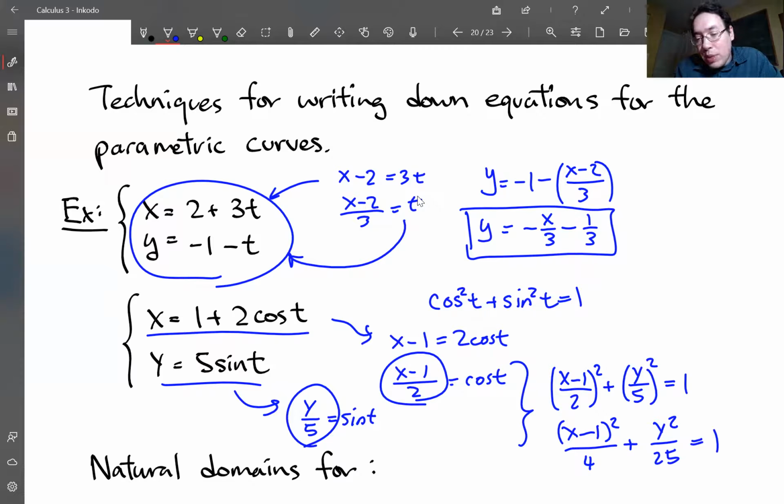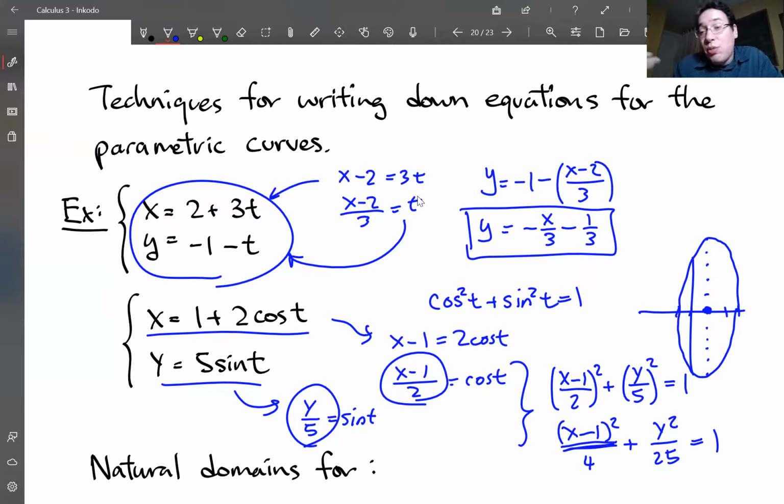Right? Ellipse with the center (1, 0). That's the center. And it looks like it has the semi-minor axis radius of 2. And it has the semi-major radius of 5. So we trace out an ellipse like that.